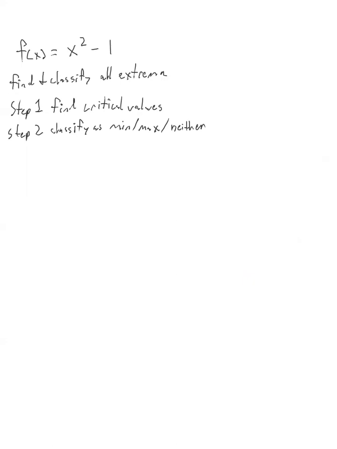So first of all, in order to find our critical values, we said our critical values is where the derivative equals 0. So let's find the derivative of our function. If f is x squared minus 1, the derivative of our constant would just be 0, and the derivative of x squared is 2x.